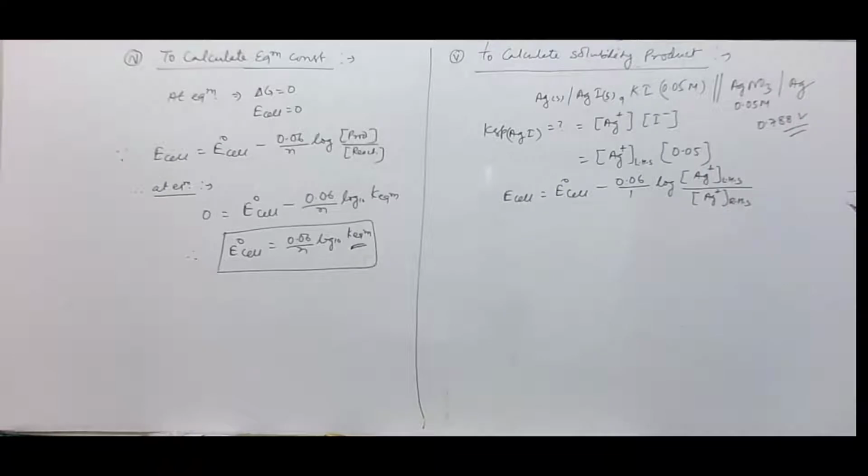So the concentration of AgI divided by the concentration of AgNO3, and the concentration of AgNO3 is already given.